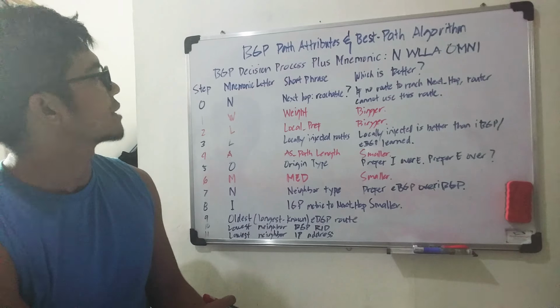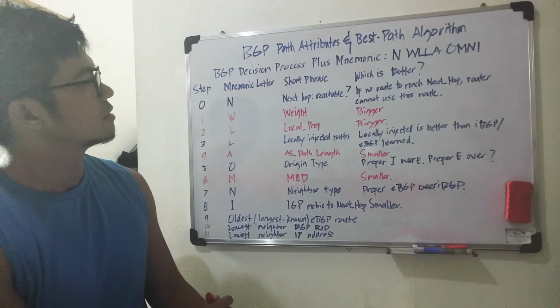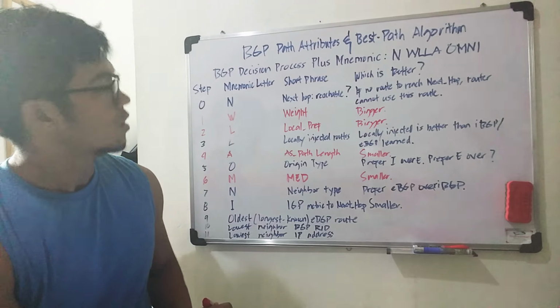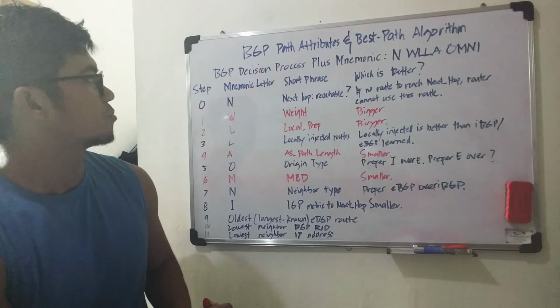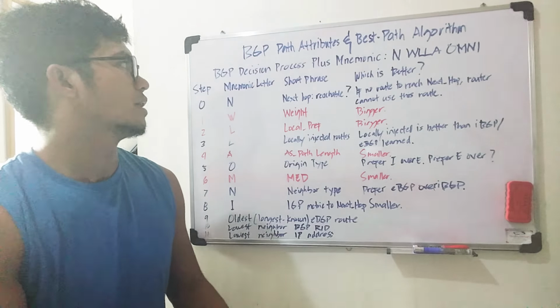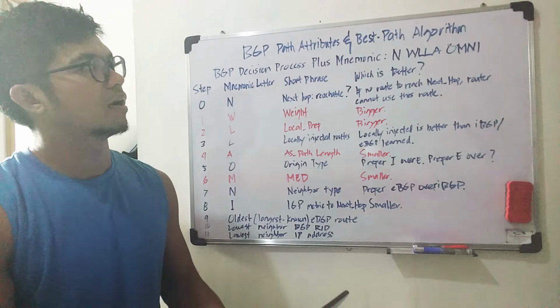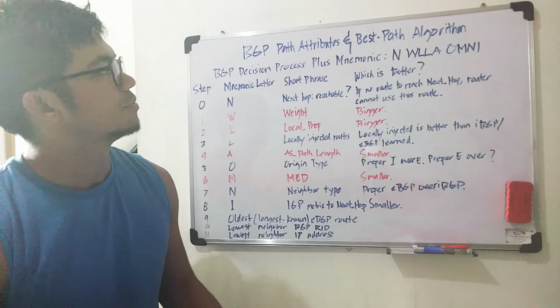So let's talk about the BGP path selection process, or BGP decision process, plus the mnemonic that can help us memorize these attributes.